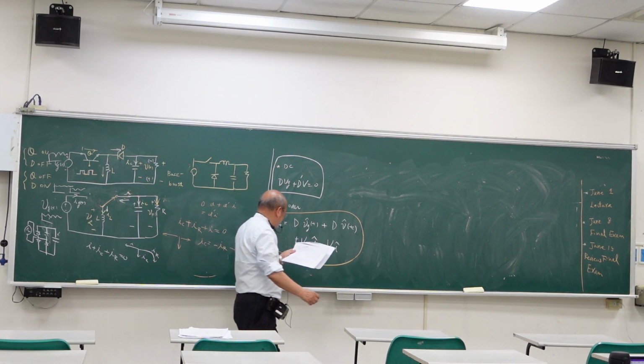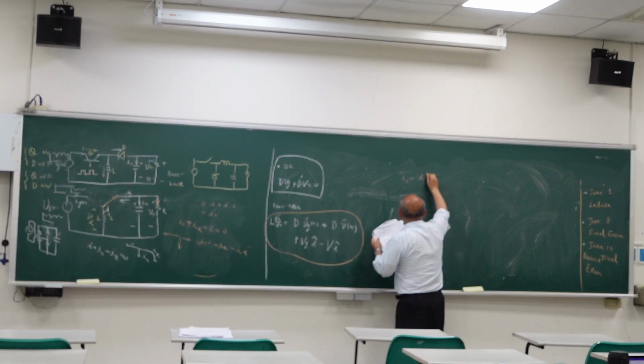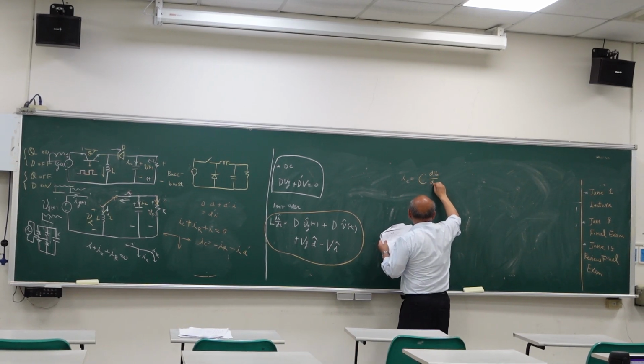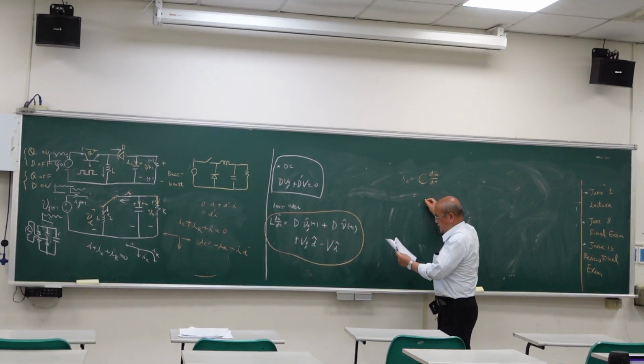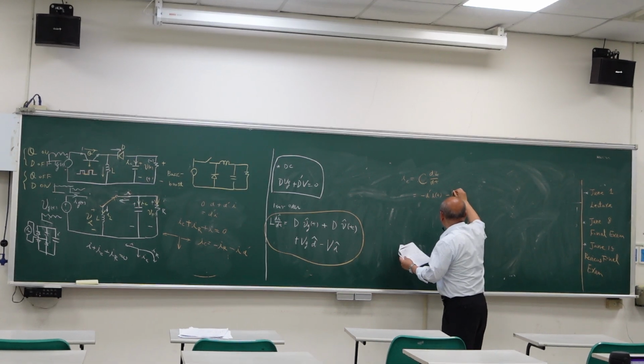So now we can say what? IC is C dV/dt. It is equal to minus D prime I minus IR.